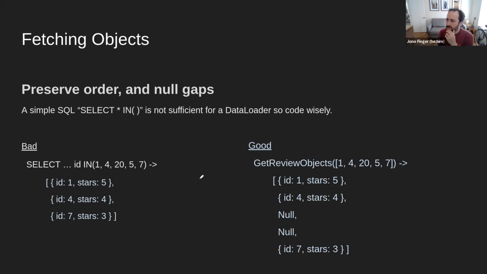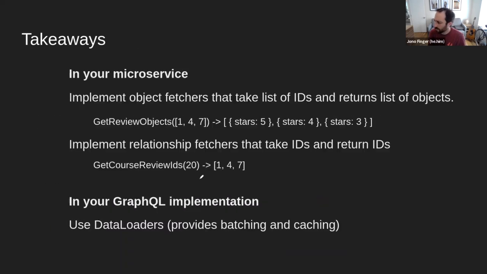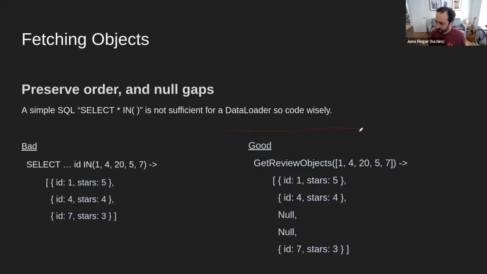Okay, a little more detail about when you're implementing these endpoints. When you fetch an object, in these examples where you give it a list of IDs and you need a list of objects back, you need to be sensitive about how you send these objects back. Let's say your service is just doing a select in. We have these IDs, but maybe some of these IDs aren't present in the database.